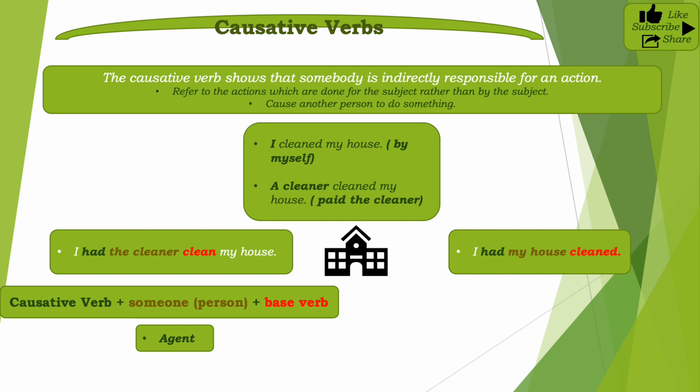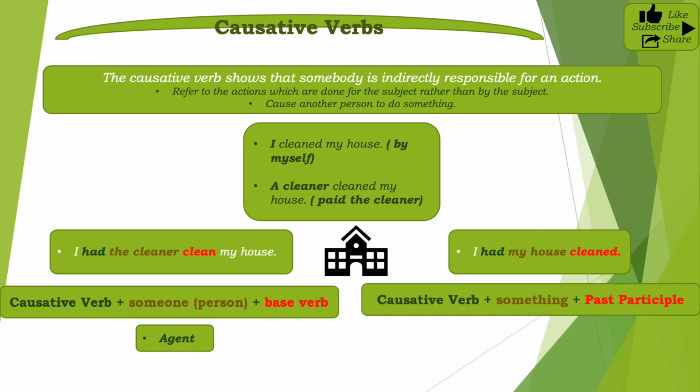But here, I had my house cleaned. Still, the subject is making the other person do that action. No doubt, the agent is missing. But we can say, I had my house cleaned by the cleaner. So by the cleaner is missing here. It sounds like a passive sentence, but it is not, because still the subject has that power of causing another person to do that task.